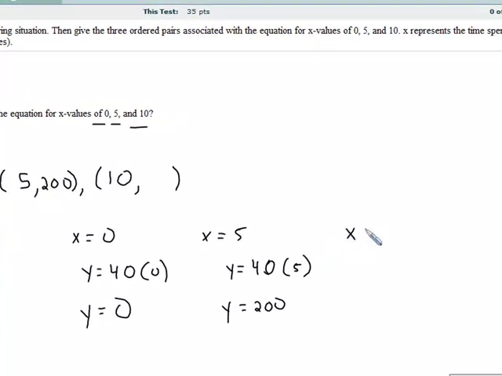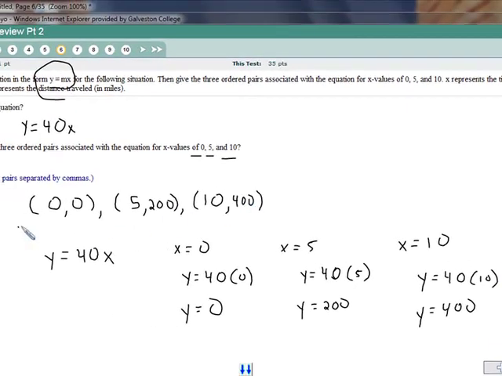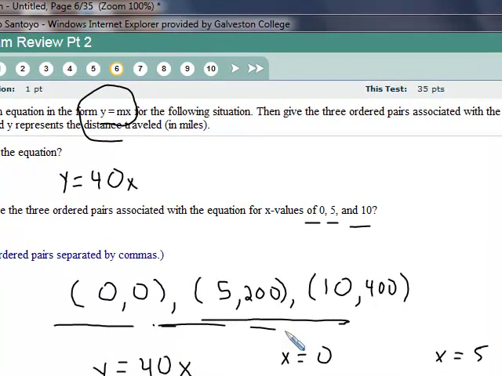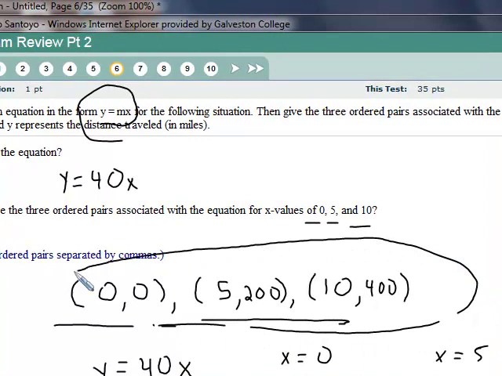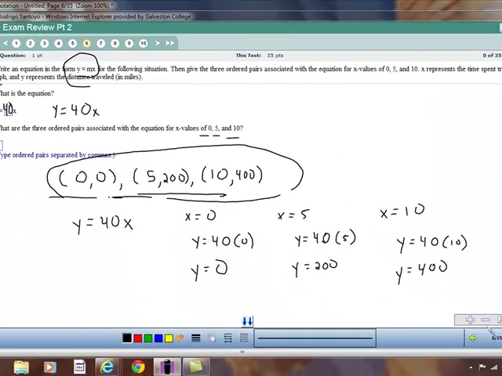Then the last one tells us that x is 10. We do it one more time. Y equals 40 times 10. And we'll get y to be 400. So that will go right there. So that right there is our answer. Make sure you separate it with commas there.